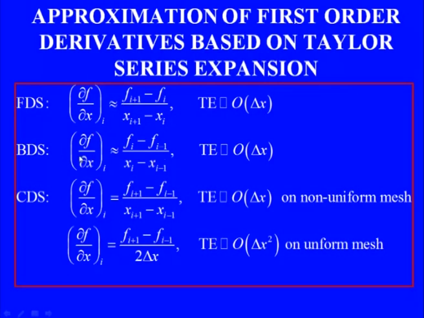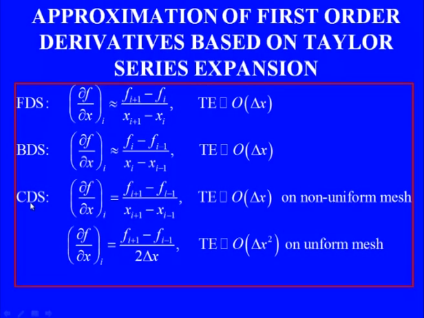Backward difference scheme uses values at the point left of our current point. So, del f over del x_i is approximately equal to f_i minus f_{i-1} divided by x_i minus x_{i-1}. Truncation error is still of the order delta x. So, both of these schemes are first order accurate.